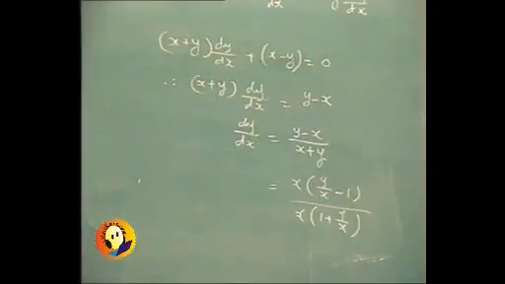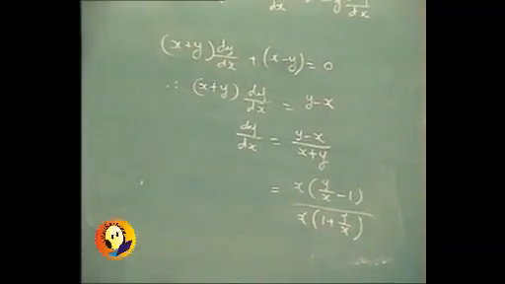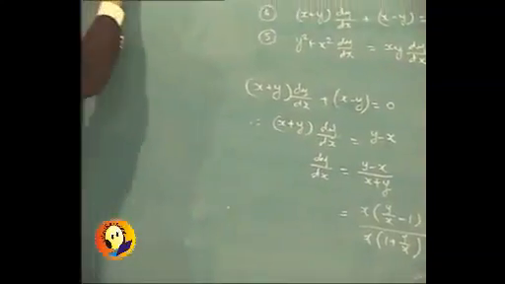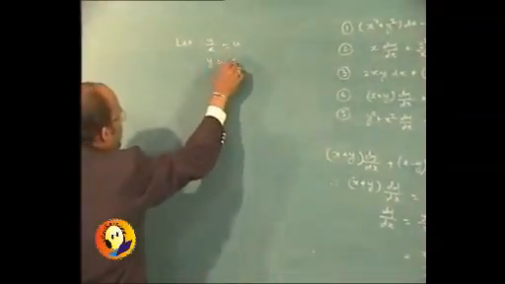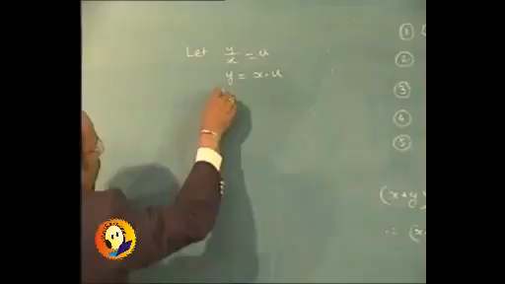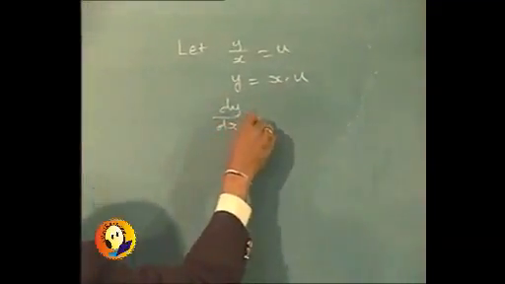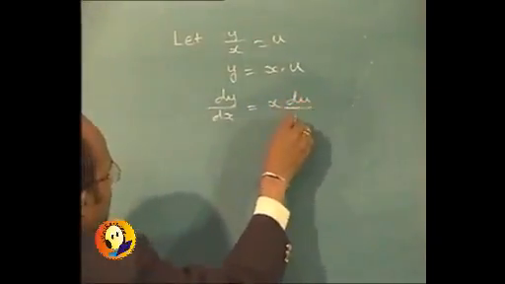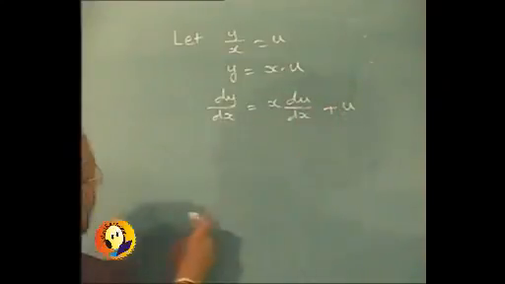Of course you are required to write it every time, that is let y by x is equal to u, therefore y equal to x into u, or dy by dx is x du by dx plus u.